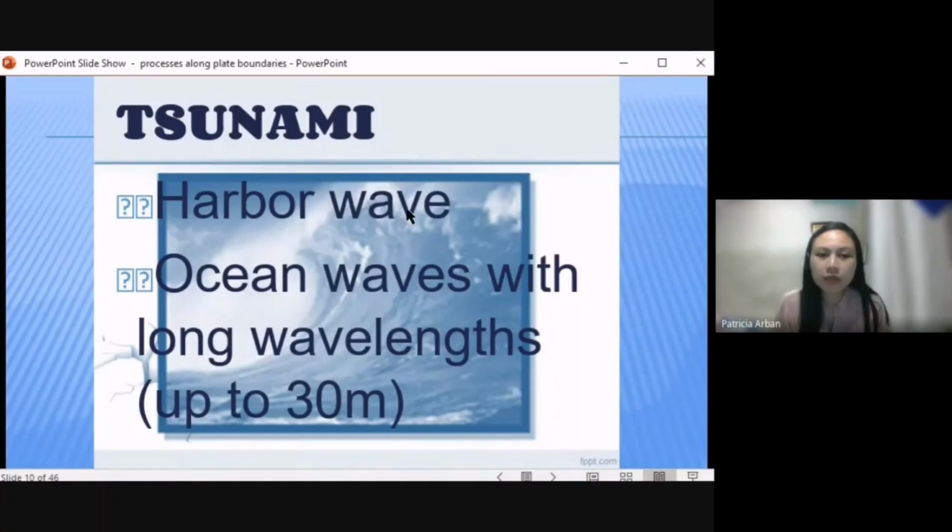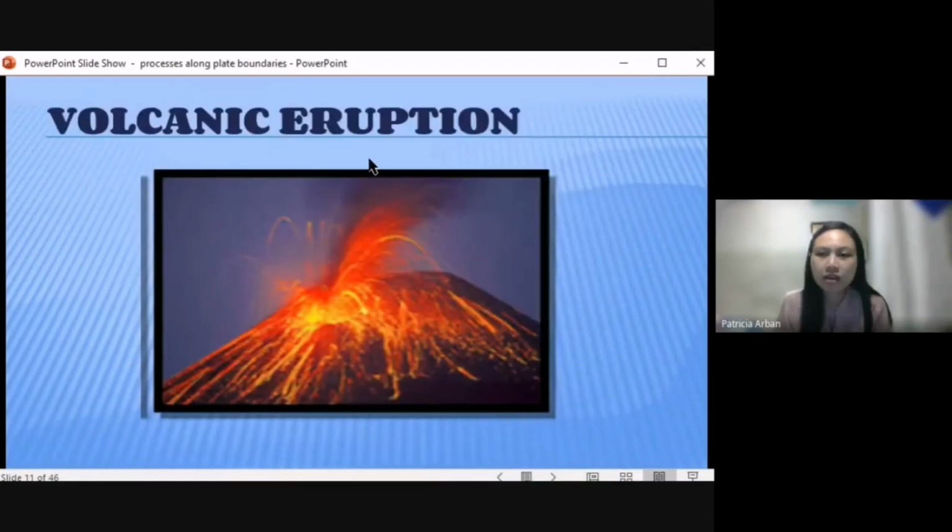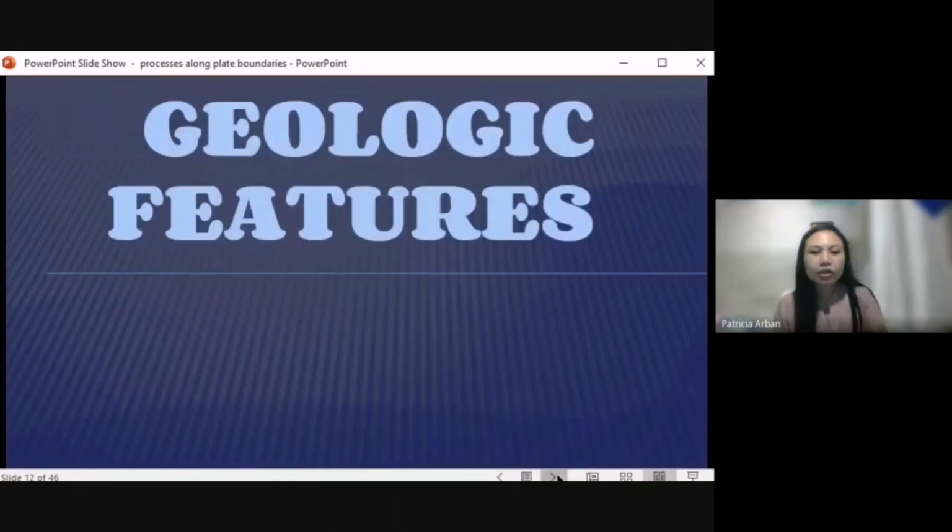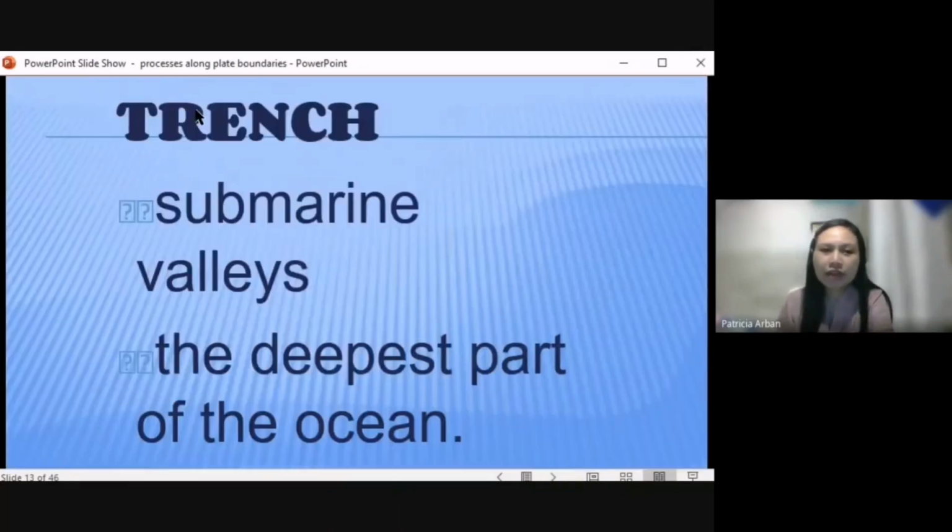Okay, so tsunami happens because the convergence involved the oceanic crust, may tubig. Kaya kapag yumanig yung lupa, nagkaroon ng earthquake, kasunod na kalimitan ang tsunami. Okay, and then volcanic eruption, since one of the geologic feature here is volcano or volcanic arc. So geologic features, again, we have here the trench or submarine valleys.